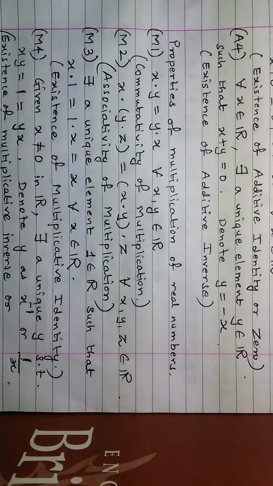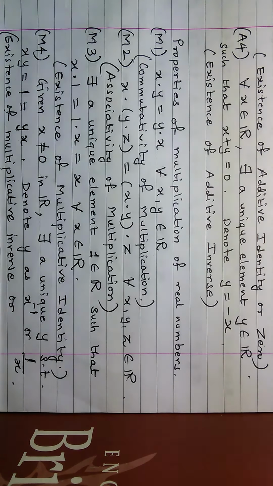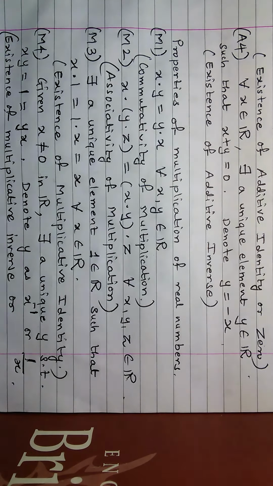Then you have multiplicative inverse. Given a non-zero real number x, there exists a unique y such that x into y or y into x is 1, and this y is denoted by x inverse or 1 upon x, which is also known as reciprocal of x.